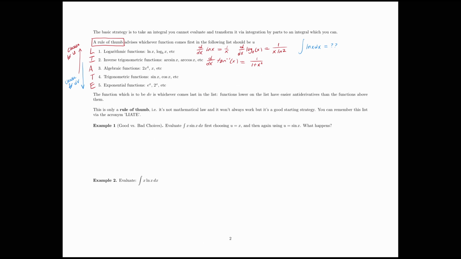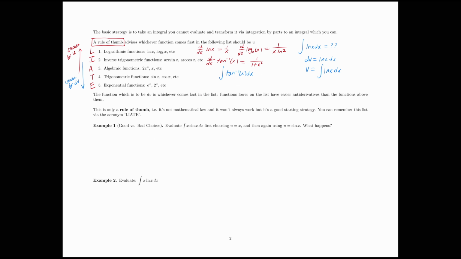You would not want to let dv equal natural log of x dx, because for integration by parts, you would have to figure out what this is, and we don't know what this is. Furthermore, same thing for arctan. What is the integral of arctangent? That's another thing that we haven't ever talked about. So this would be a terrible choice for dv.